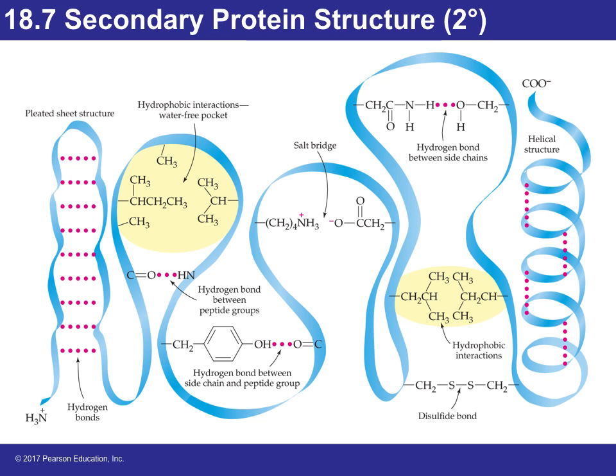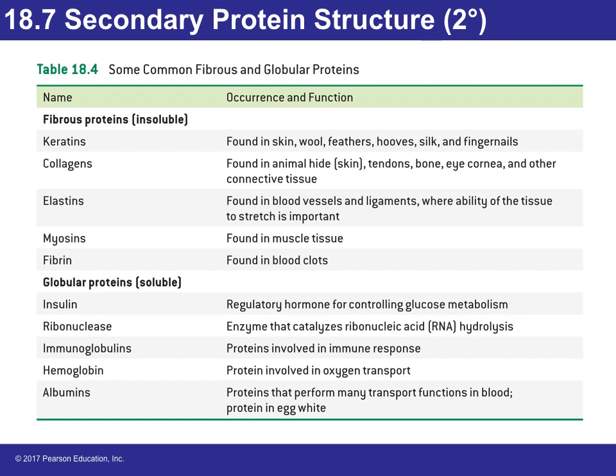I really want you to review the different types of bonding that can exist, making a difference between a pleated sheet and, on the far right, a helical structure. Some examples: collagen, elastin, myosin, fibrin are fibrous proteins, insoluble, or the soluble ones such as insulin, hemoglobin, albumins.